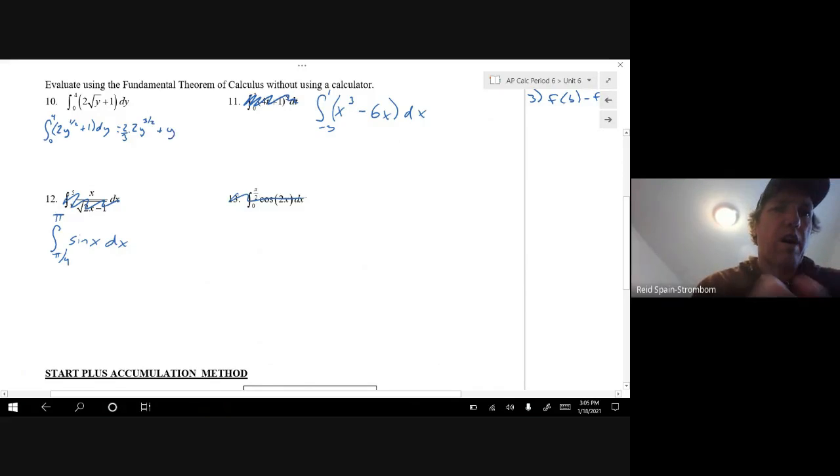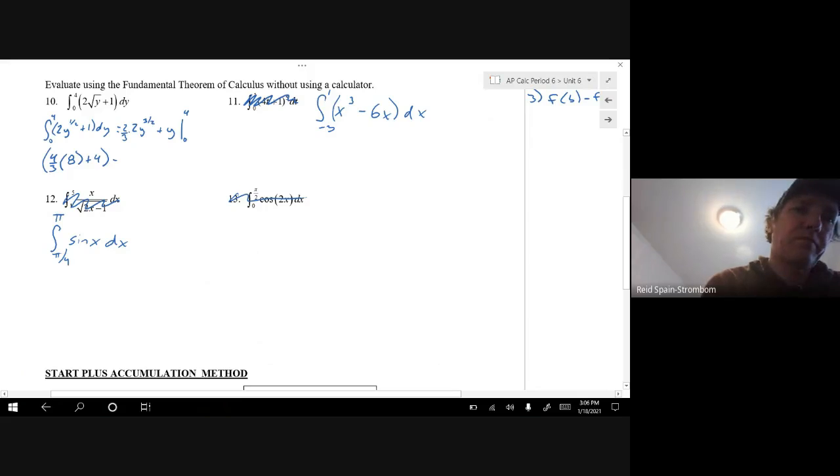Plus y. We can actually ignore our c when we do that because we're going to be subtracting them when we do this. So we'll talk about that in class a little bit more. So we're going to plug in 4 and we're going to plug in 0. So when we plug in 4, we get 2/3 times 2, so 4/3. When we plug in 4 to the 3/2 power, we're going to take the square root, get 2, cube it, get 8, plus 4.